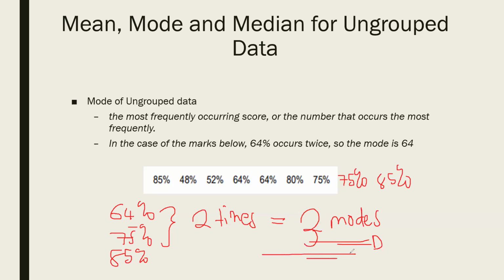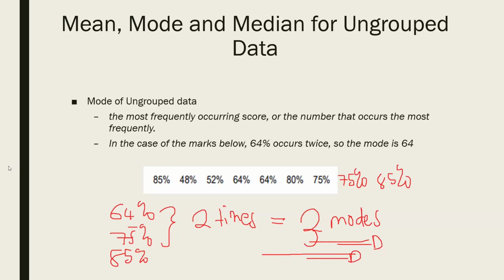So you also need to know that mode does not mean once. You can have more numbers that are repeated the most number of times, and it means it has more modes.